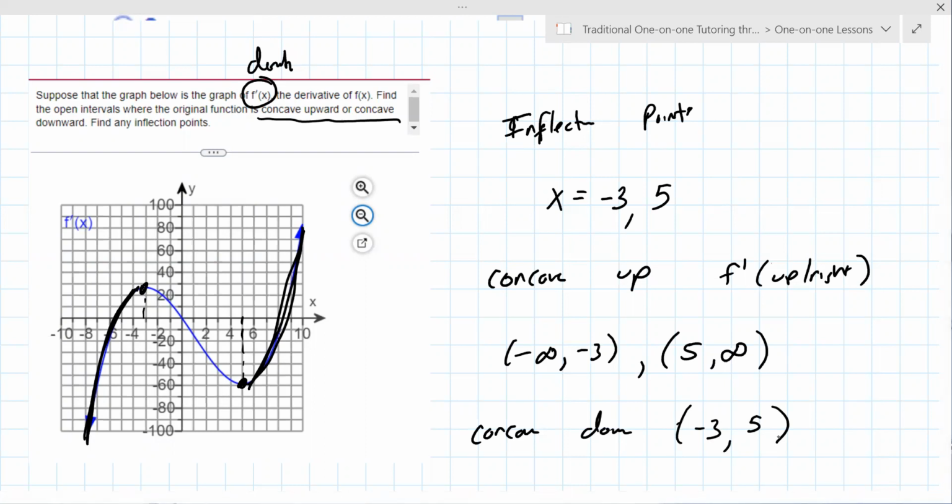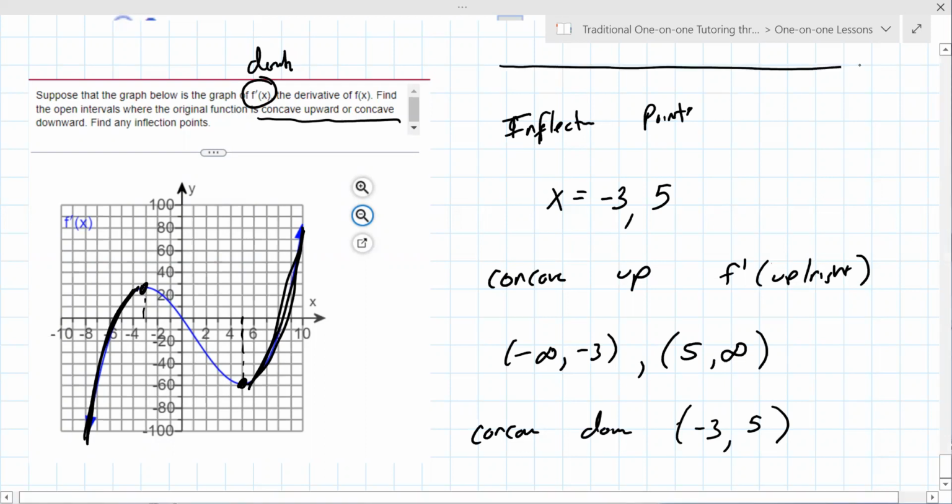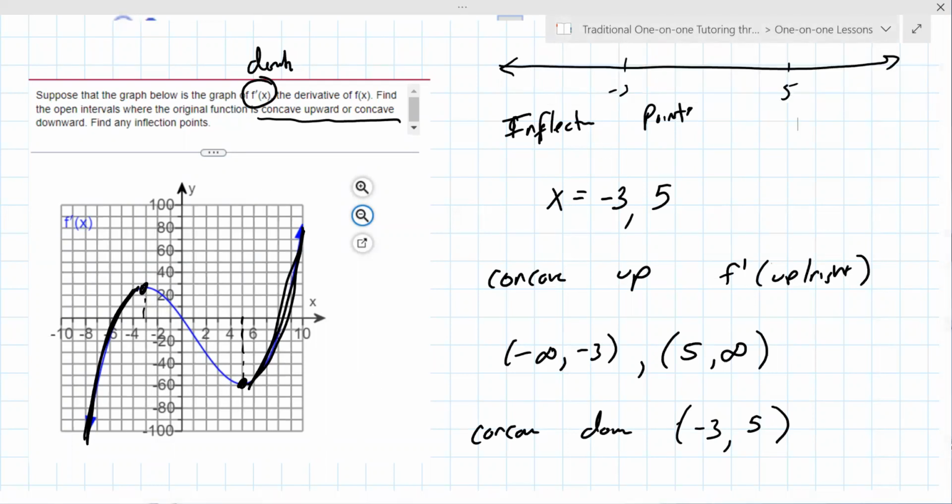All right, let me just check that. Let me just check one thing here.